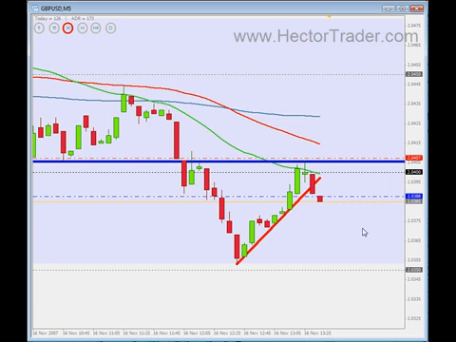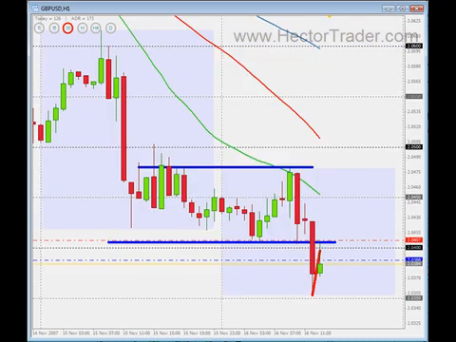Basically, I've been following the sterling pound crosses today in order to search for short entries, and I'm betting on a bearish day for the pound. Let me try to show you what I'm seeing on my charts.